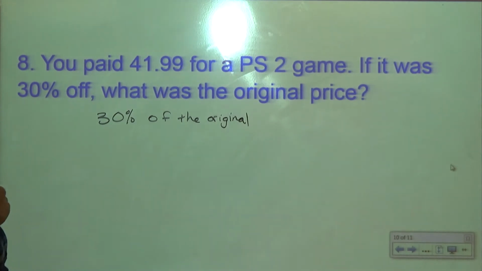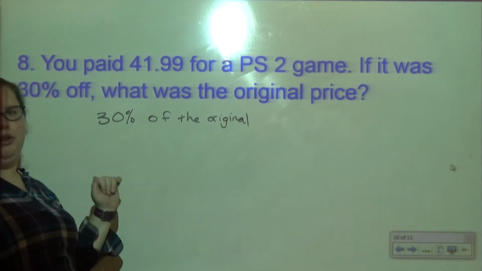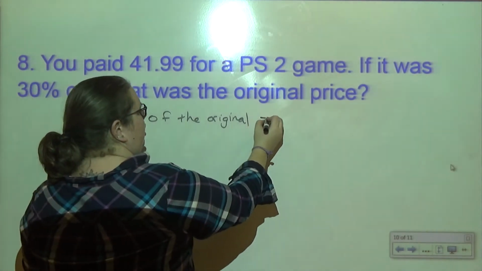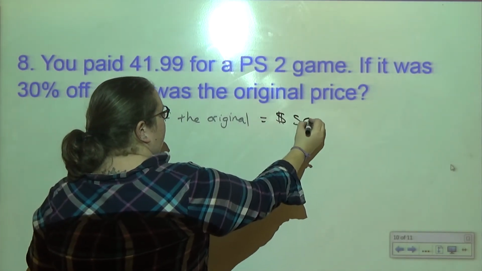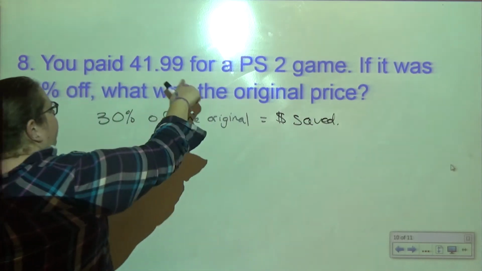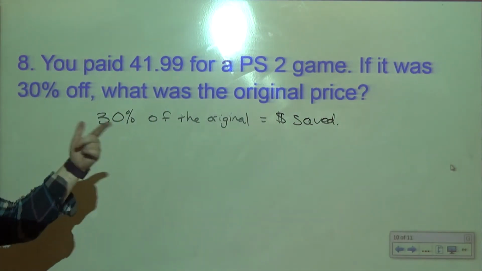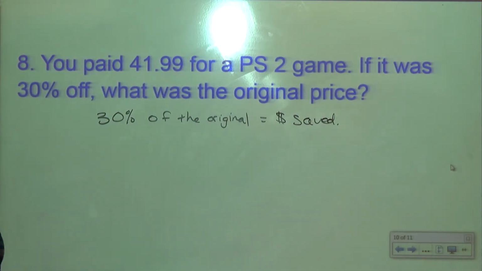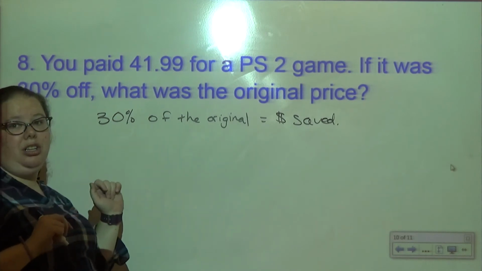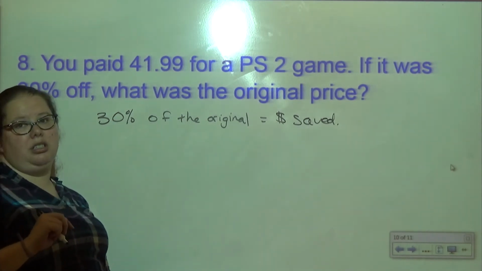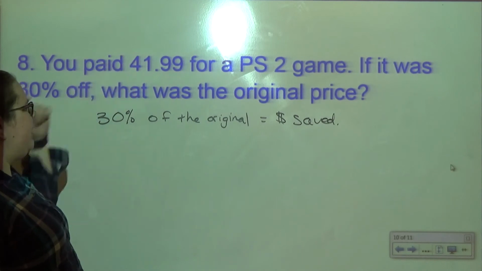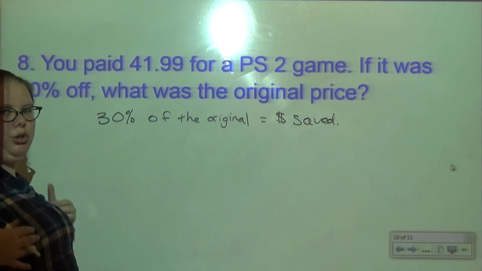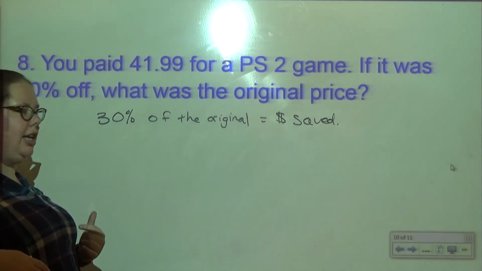Because what does 30% of the original equal? That equals money saved. Does that $41.99 go somewhere in here? It doesn't. That's not the original, and that's not the money saved. For us, the $41.99 is how much we paid after we did that subtraction in that last problem.